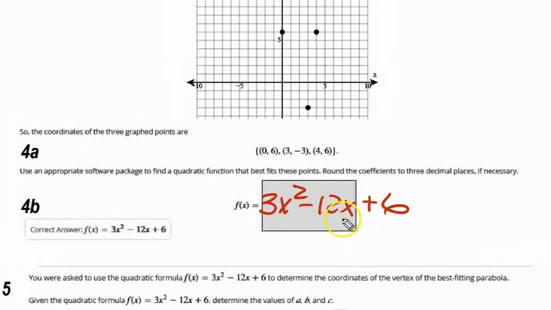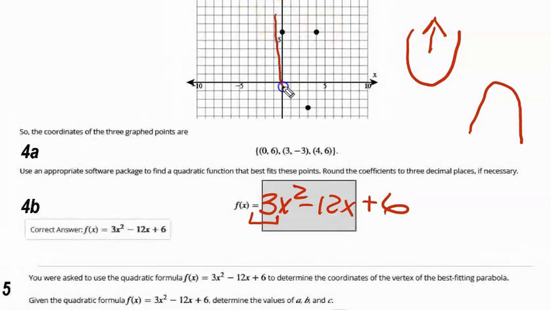Now, I might ask the question, is this going to be a parabola that opens upward or downward? Well, again, you look at your a term, it's positive, so this parabola will open upwards. And we'll probably end up looking something like so, but just to give you an idea.